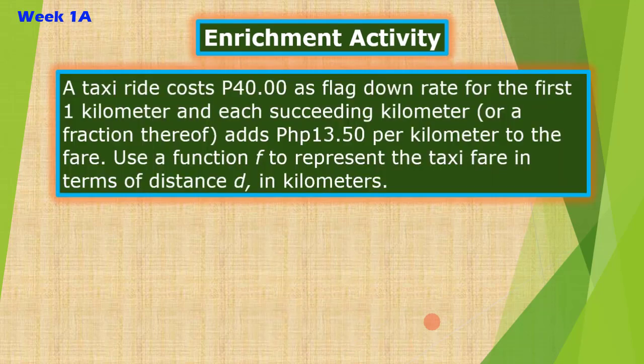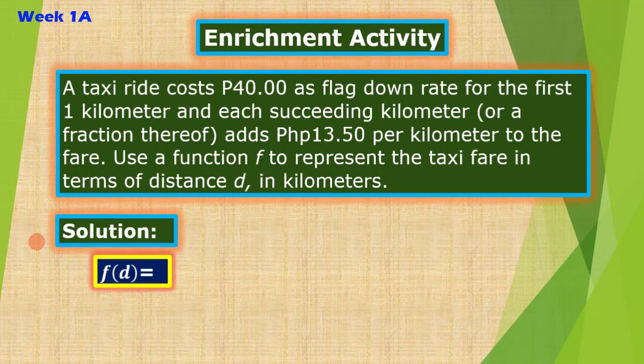The second problem: a taxi ride costs 40 pesos as flag down rate for the first 1 kilometer, and each succeeding kilometer or a fraction thereof adds 13.50 per kilometer to the fare. Use a function f to represent the taxi fare in terms of the distance d in kilometers.